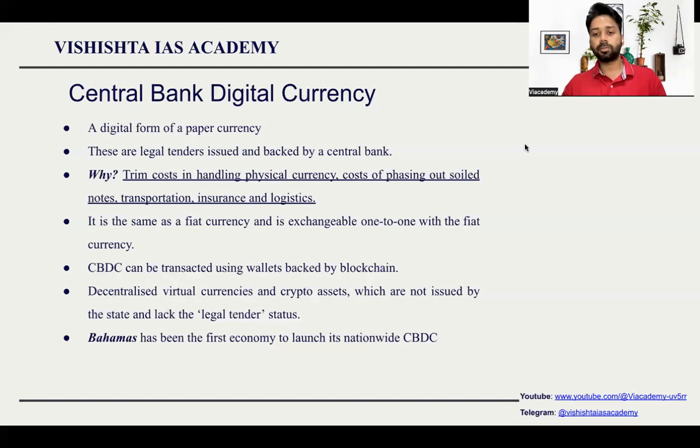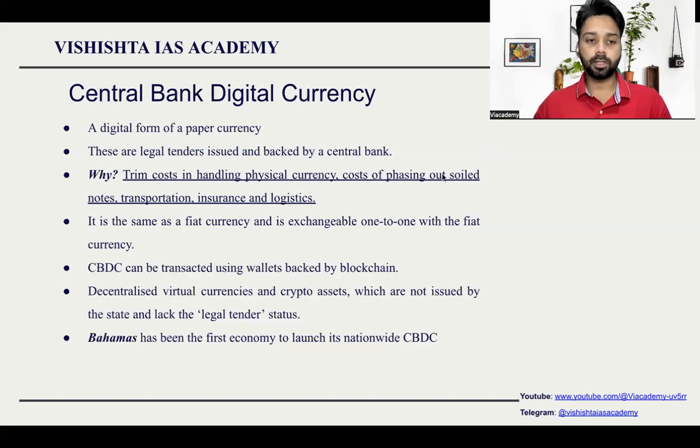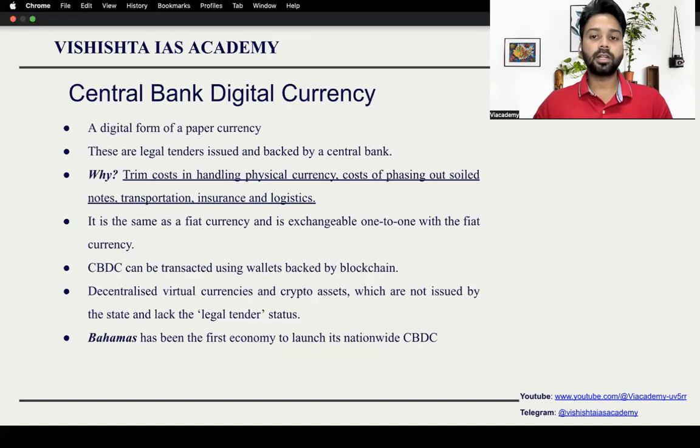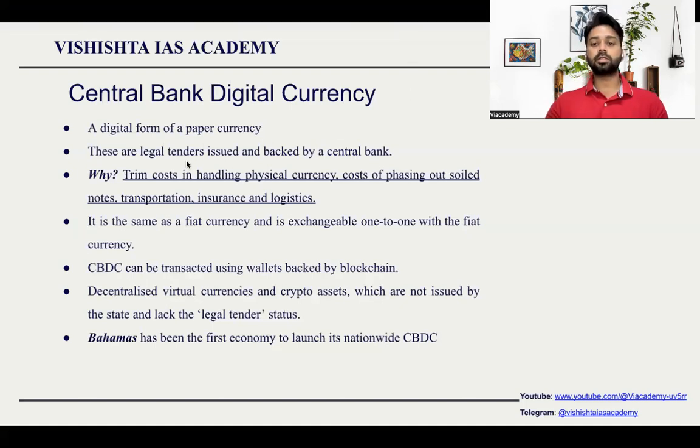Central bank digital currency for prelims 2024. For the prelims 2024 examination, the central bank digital currency is a very important topic. What exactly is it? It is not a cryptocurrency. This is a point which you should be knowing. It is a digital form of the present paper currency.